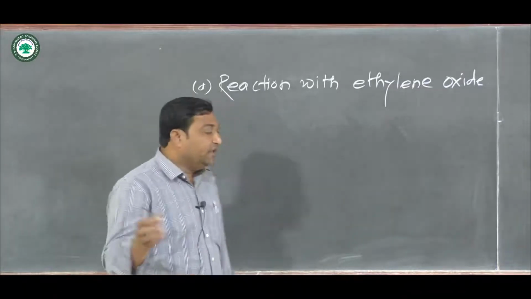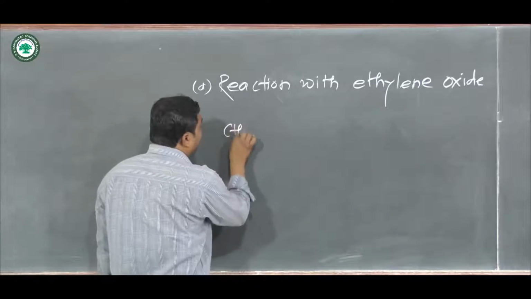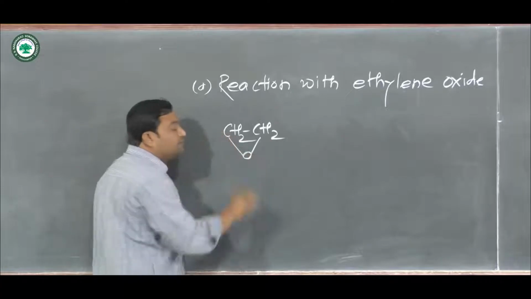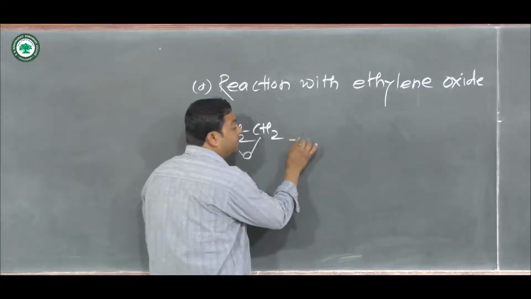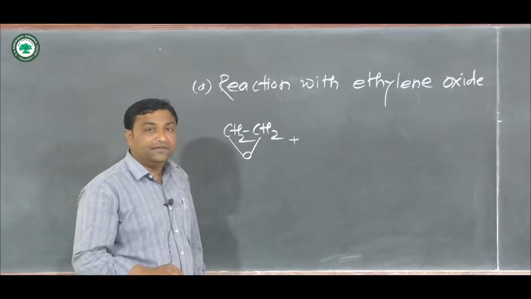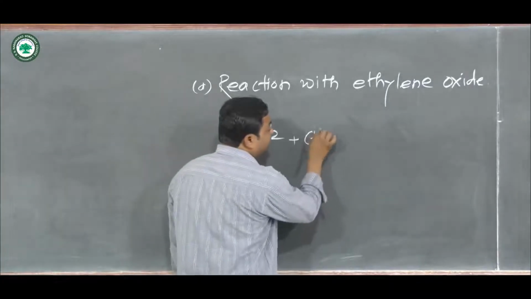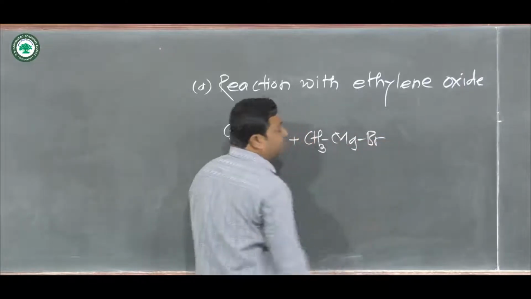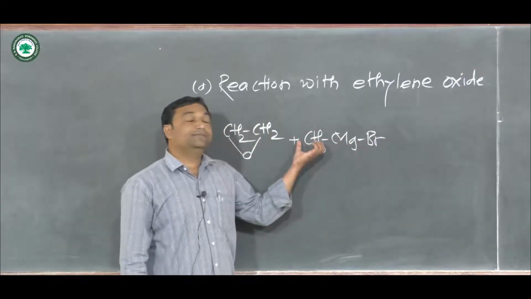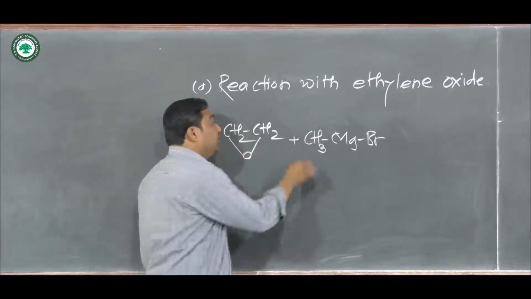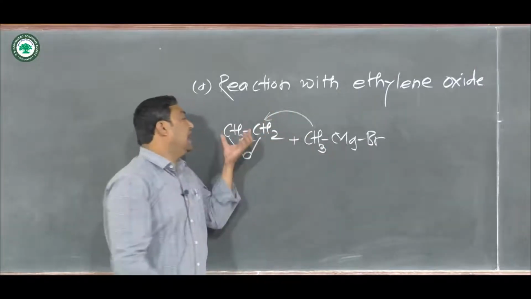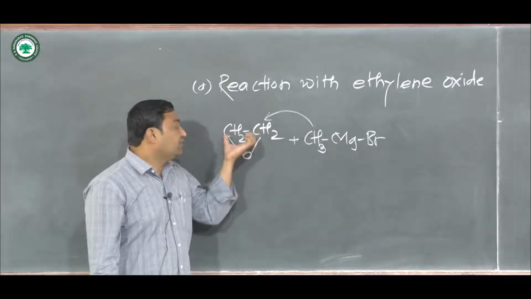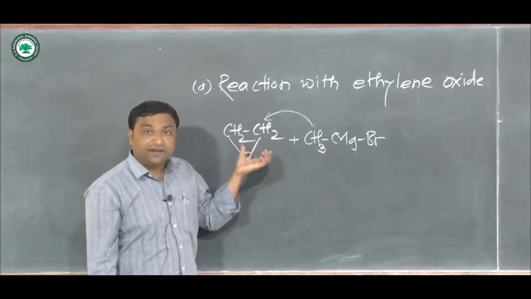We know that ethylene oxide is nothing but epoxide, and when this epoxide is treated with Grignard reagent like methyl magnesium bromide, the nucleophilic part of this Grignard reagent attacks one of the carbon atoms of this epoxide, because the epoxide ring has a ring strain.